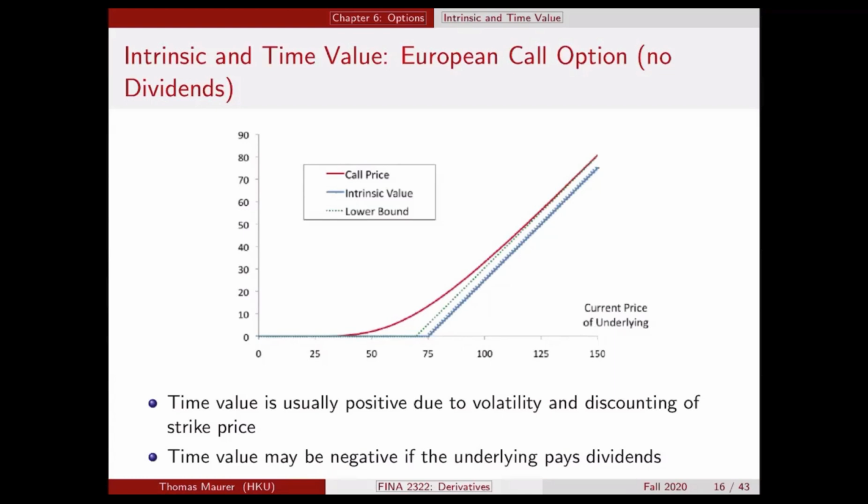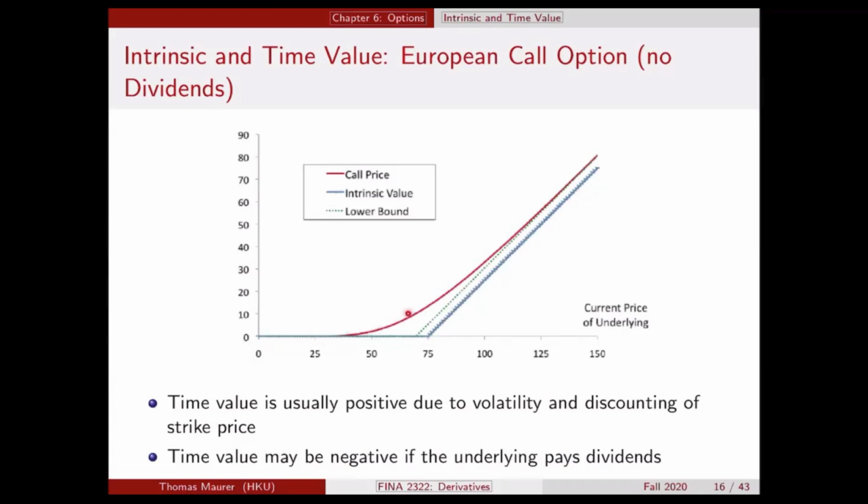If, however, let's say the price of the underlying is $100, then if you were at maturity, you would want to exercise the option. You want to pay $75 for something worth $100, and your payoff in particular would be $25, and that's what I plot over here. So you have an intrinsic value equal to 0 for the call option until the strike price, and after that, that intrinsic value increases at the 45-degree line.